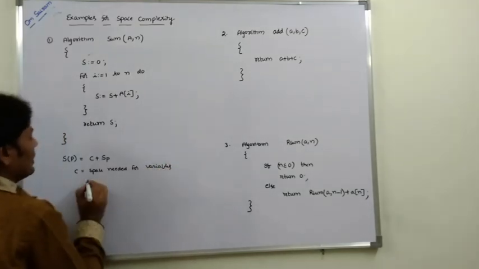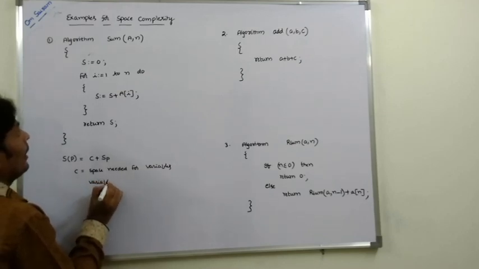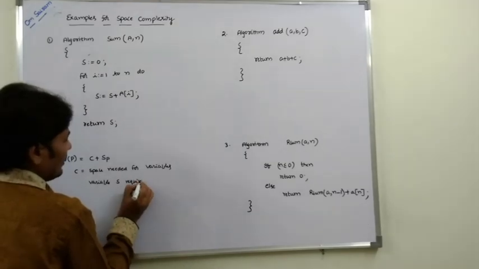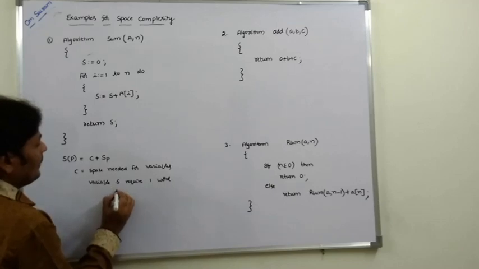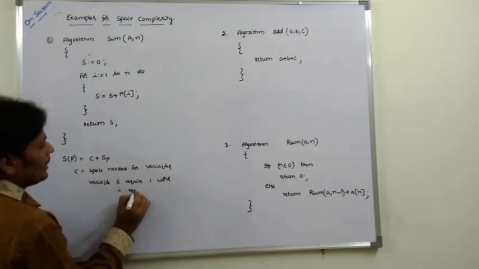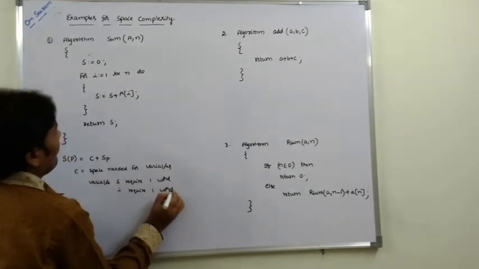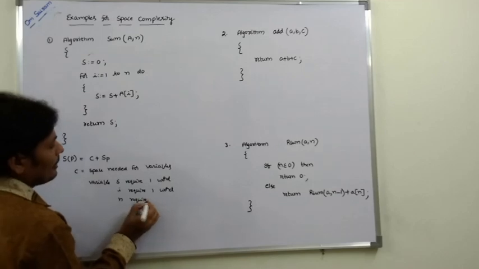Space needed for the variables. Here variable S requires one word, variable I requires one word, variable N requires one word.